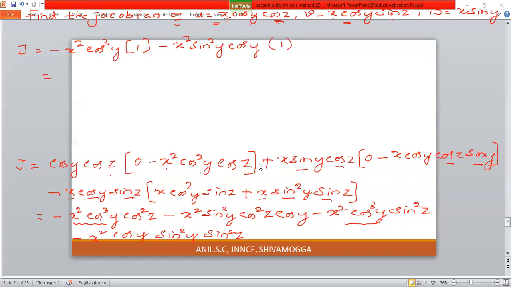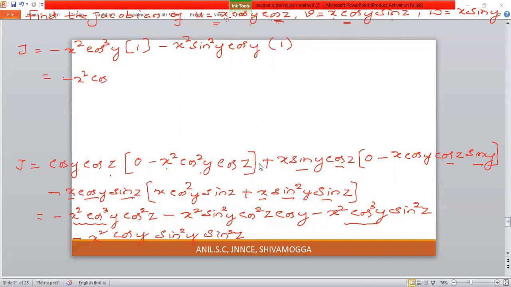This is equal to, what is common factor now? From these two terms, what is the common factor? Minus x square cos y.